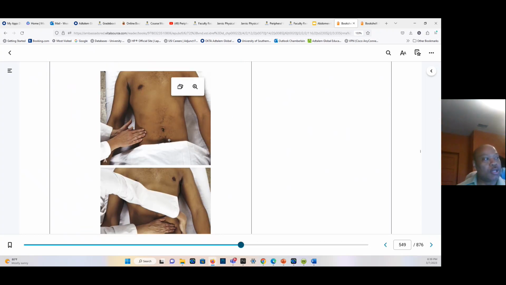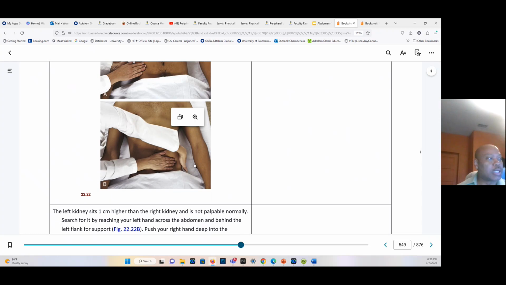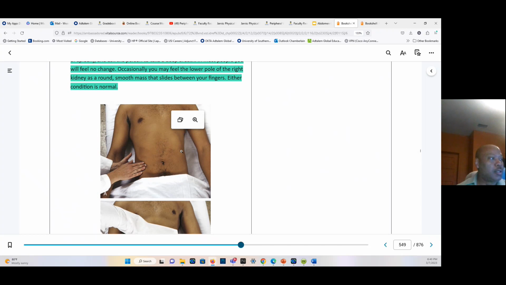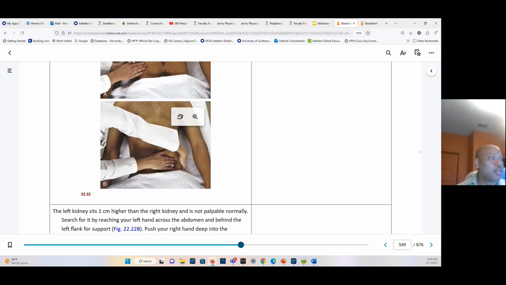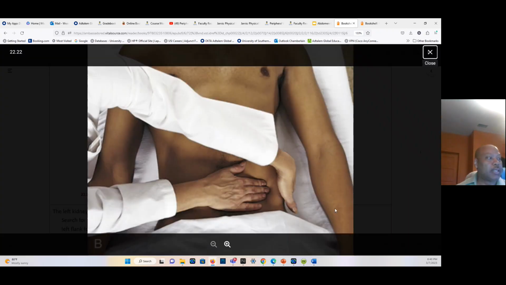That's assessing the kidney on the right, and this is assessing the kidney on the left, right? So that would be the right kidney, and this would be the left kidney. I don't think the right is normally palpable. Normally the left is, but I don't think the right one is.